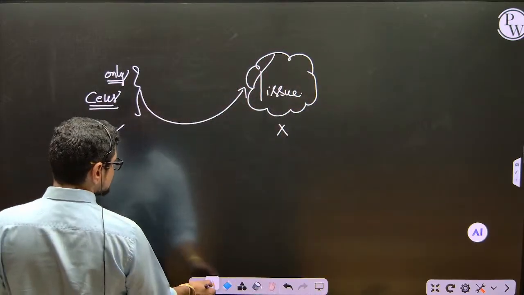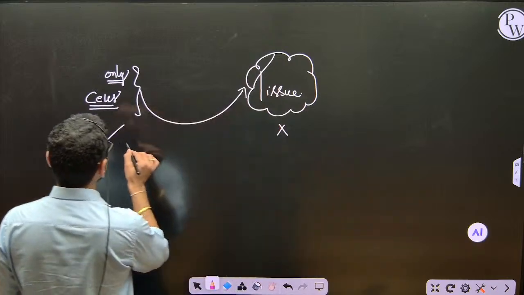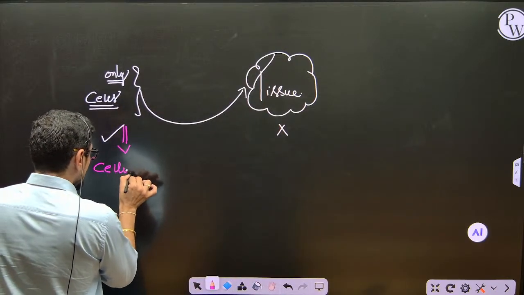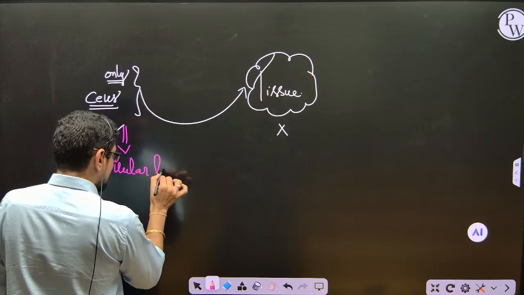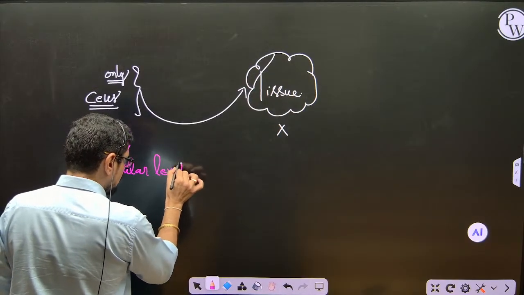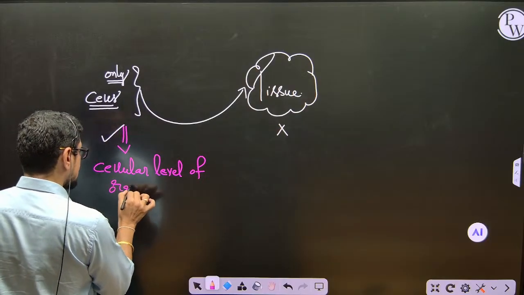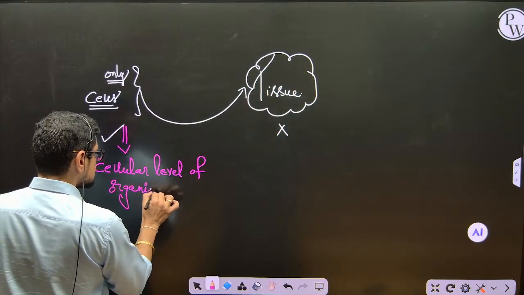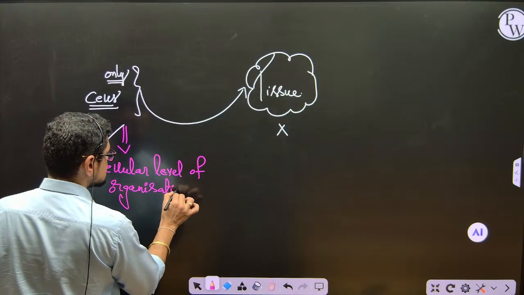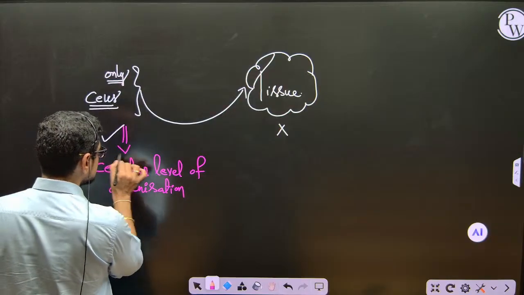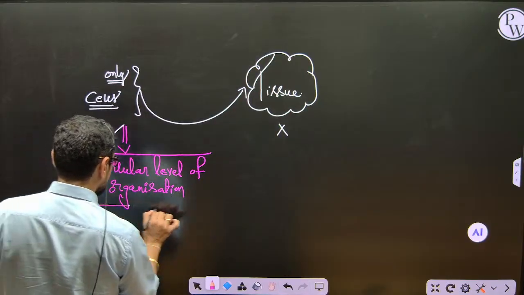If only cells are present, what do we have to call it? I will write one phrase here: cellular level of organization.